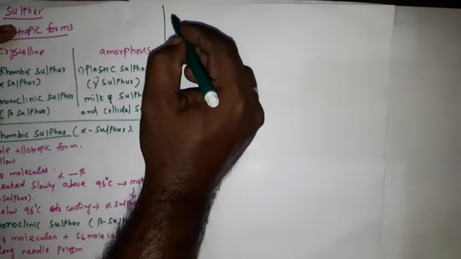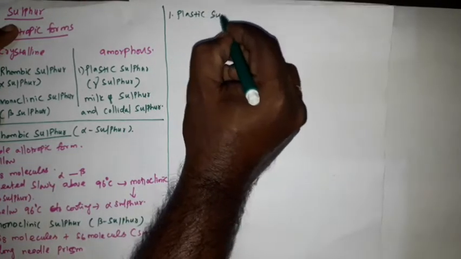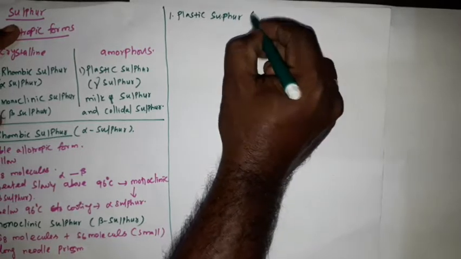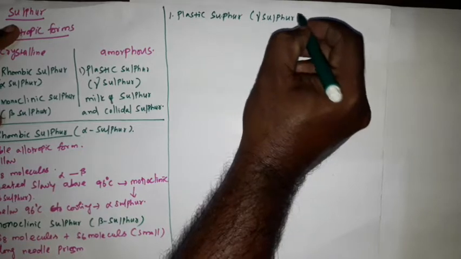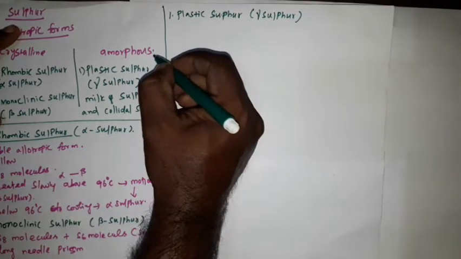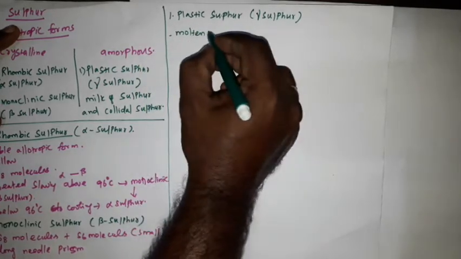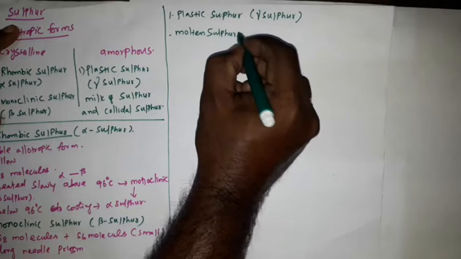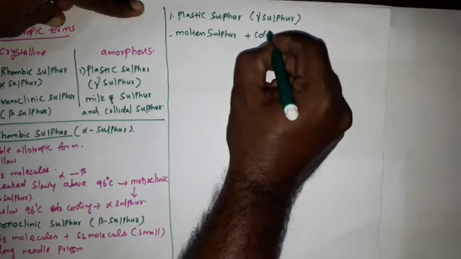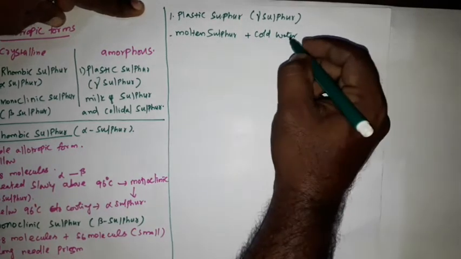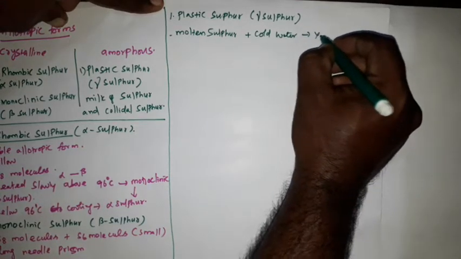Now amorphous sulfur, there is only one type, that is plastic sulfur, or you can say gamma sulfur. When molten sulfur is poured into cold water, we get a yellow rubbery ribbon.